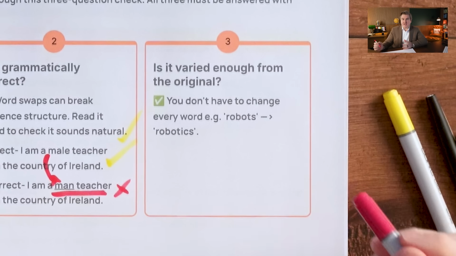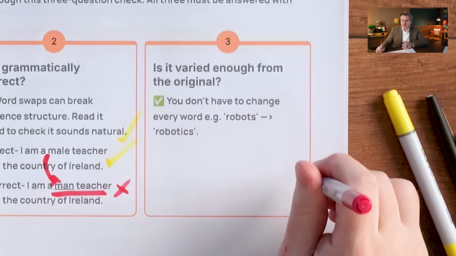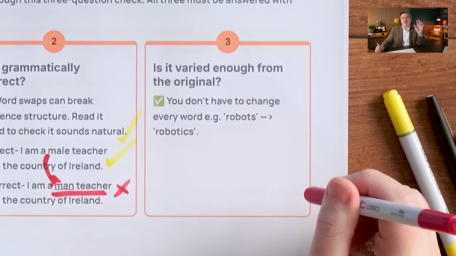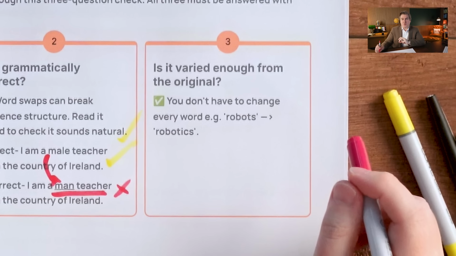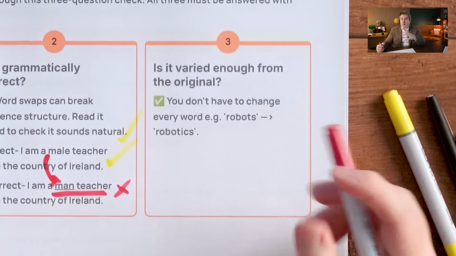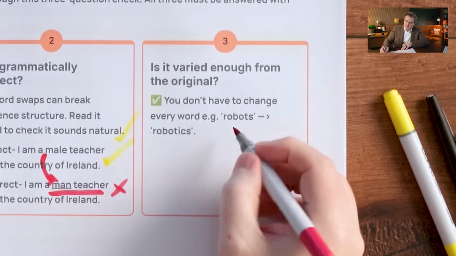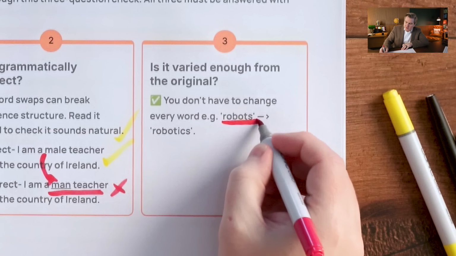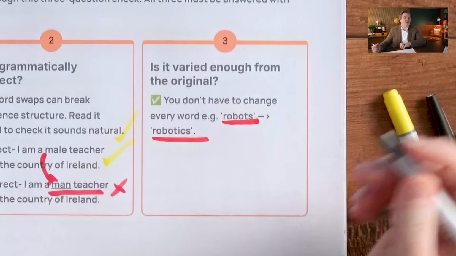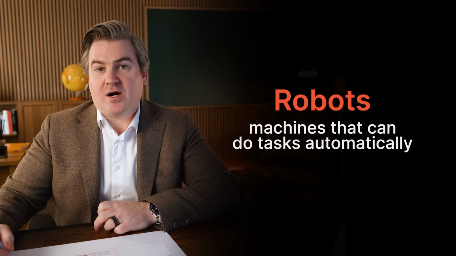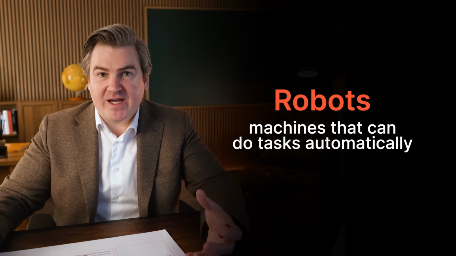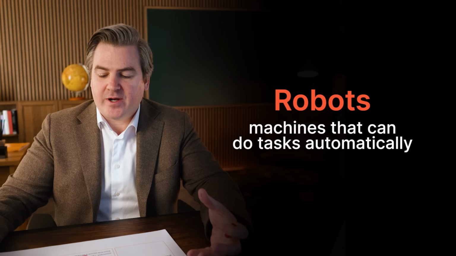And is it varied enough? Now, a big mistake that a lot of students make is they think that they have to change every single word, and if they don't change every word, that's not paraphrasing. It's pretty much impossible. So for example, if you change the word robots to robotics, that would actually be wrong. Robots are the actual devices, the actual things, the products.